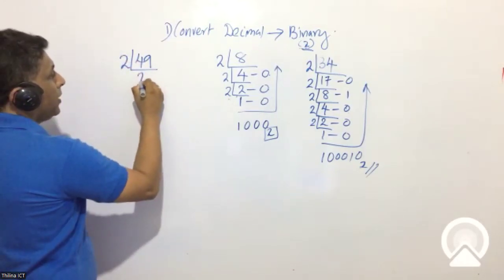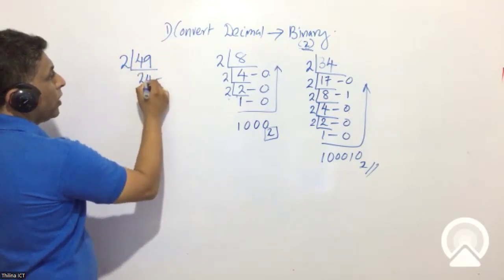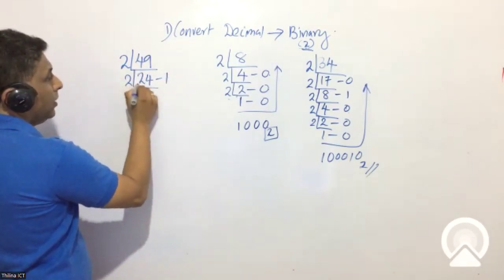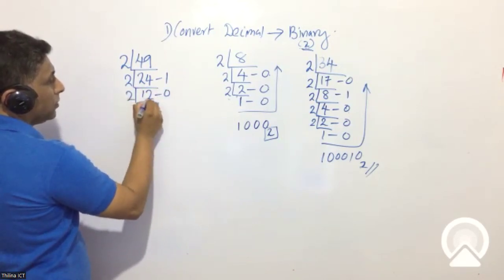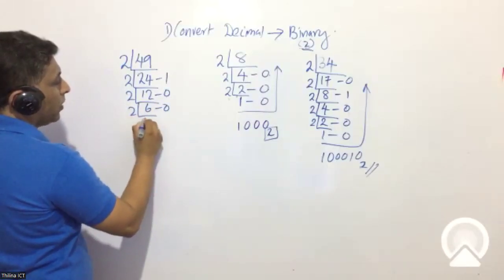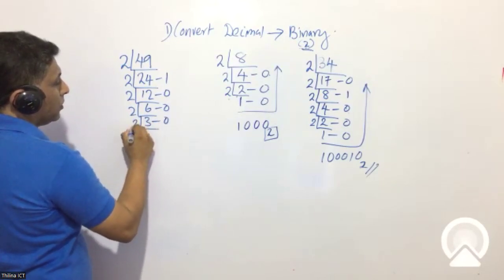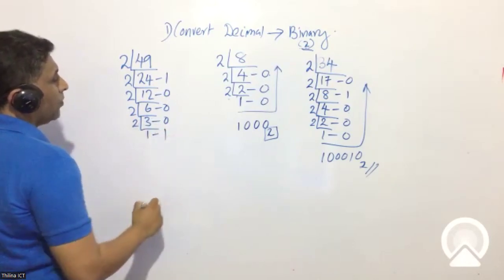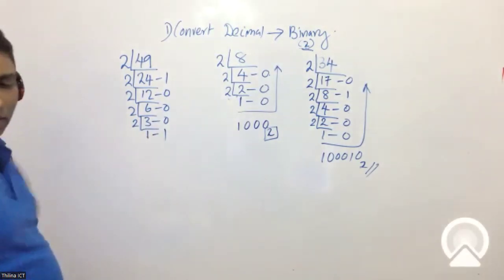That's 24. 24 into 2, 48. 1 is the balance, that's remainder. 12 into 2, 24. 0. 12 divided by 2, that's 6, remainder 0. 6 divided by 2, that's 3, remainder 0. 3 divided by 2, 2 into 1, 2, and balance is 1, right.